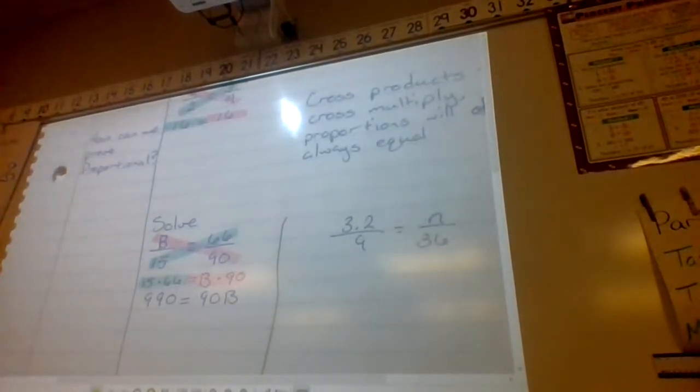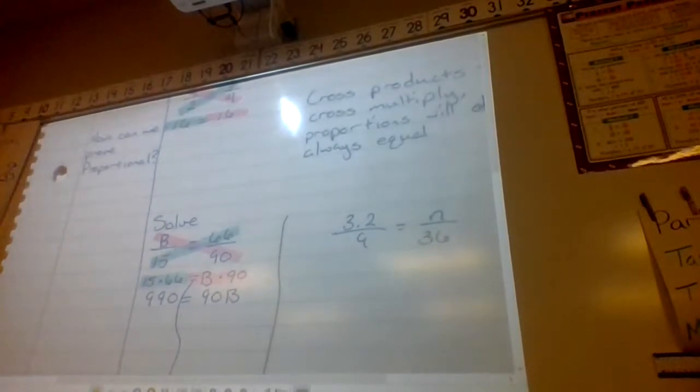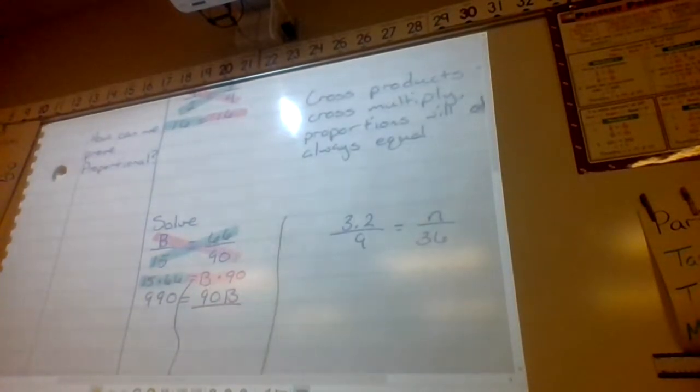You have a 1-step equation. Where's your variable? On the right. Do you want to keep it there or do you want to move it? Does it really matter? What operation do you see? Multiplication. What's the inverse? What are we dividing by?